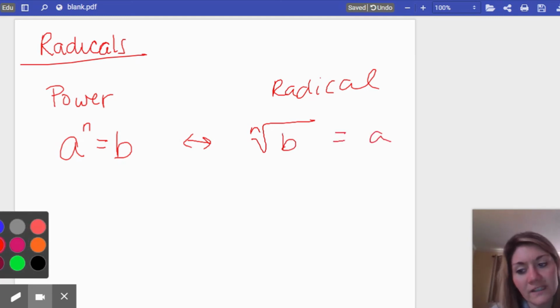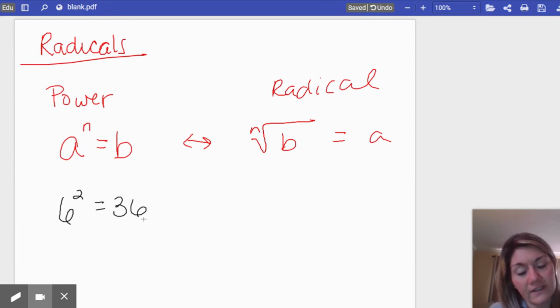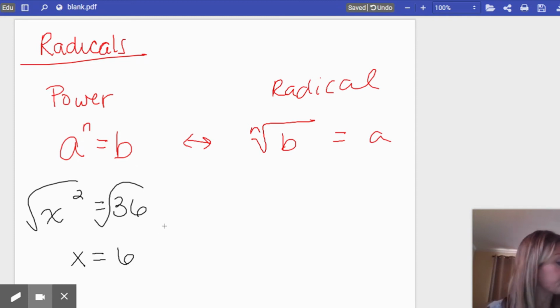And that totally makes sense if you think about it in terms of something you're familiar with, like something squared. For example, if I have 6 squared equals 36, and I didn't know what 6 was, so let's say instead of 6 it was an x, in order to solve this I would take the square root of both sides, and that would tell me that x is equal to 6.